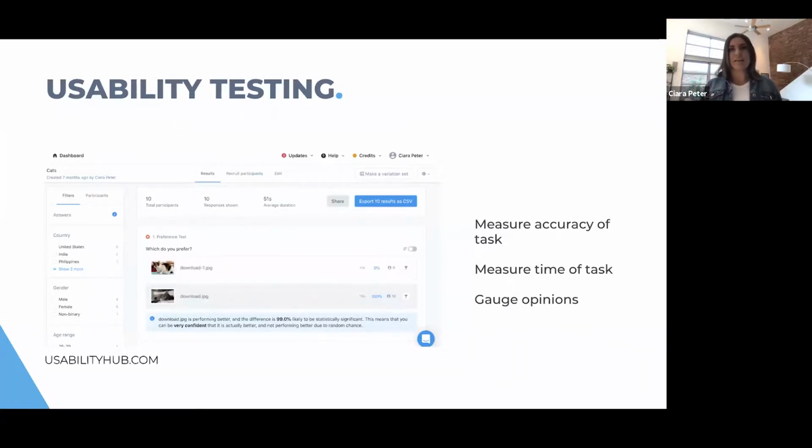You have to do task A, where would you click? That can give you most of the results that you need. And these apps will tell you where they clicked, what was the accuracy of the click, and how long it took them to make that decision.